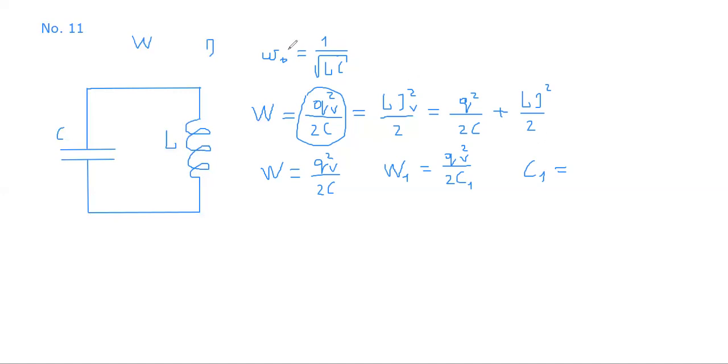So the natural frequency was omega 0, but after changing the plate separation, it has become some omega 1, equal to one divided by square root of LC1.